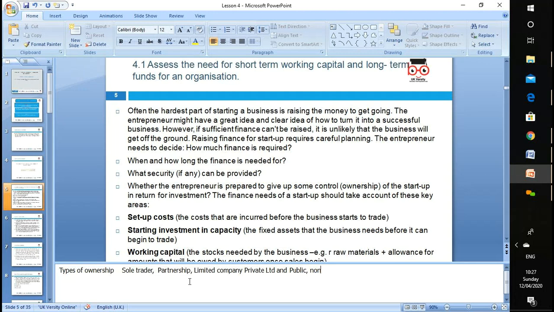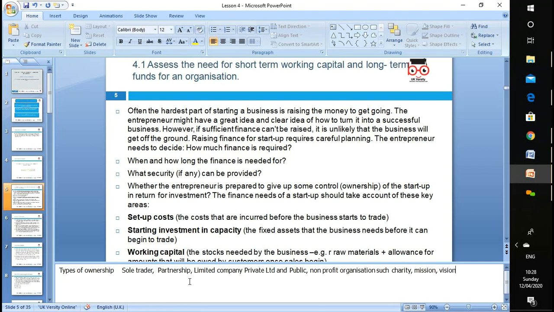So you need to decide which nature of business you are: are you a non-profit organization such as a charity? You have to decide which business you are in. Then you can decide on the sources of finance based on that.